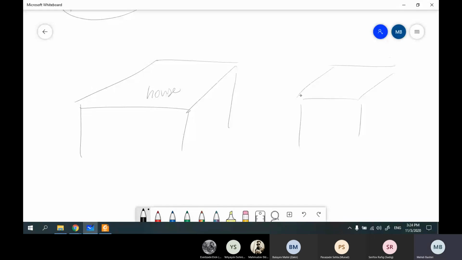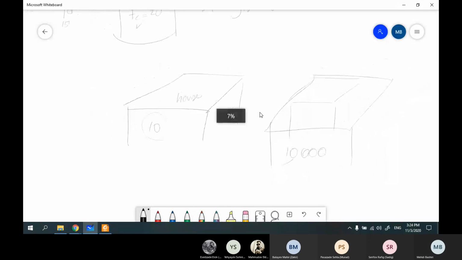In this building, you'll have a maximum of 10 people. But in this one, you'll have, for example, 10,000 people. So the demand here is much greater than the demand in here. So the loads, the application of the structure, define the demand.